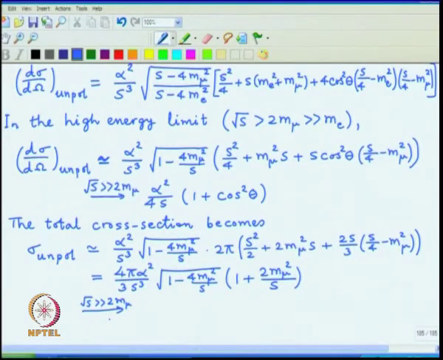root s becoming much larger than 2 mu is rather trivial. It is again I cancelled some factors, there is no cube here.